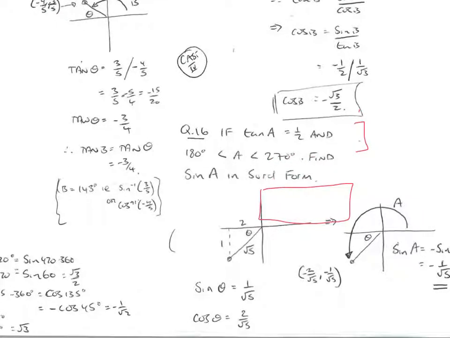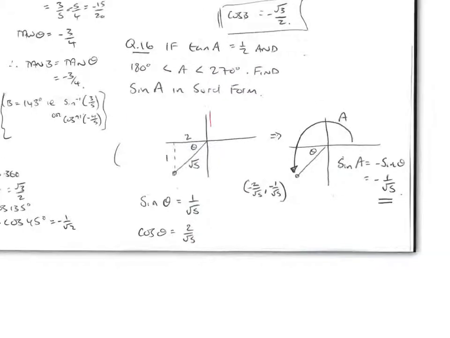Question 16. If the tan of A equals a half and A is between 180 and 270, i.e. it's in the third quadrant, find the sine of A in surd form. Okay, so let's just draw our reference angle, and we know it's 2.